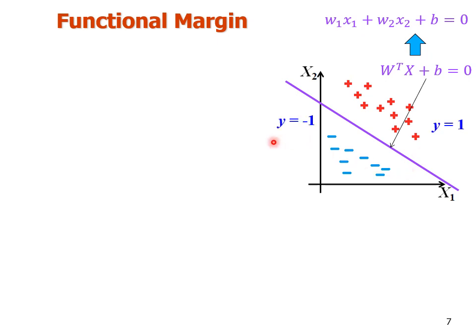So, let us once again write our classifier hypothesis parameterized by w and b.